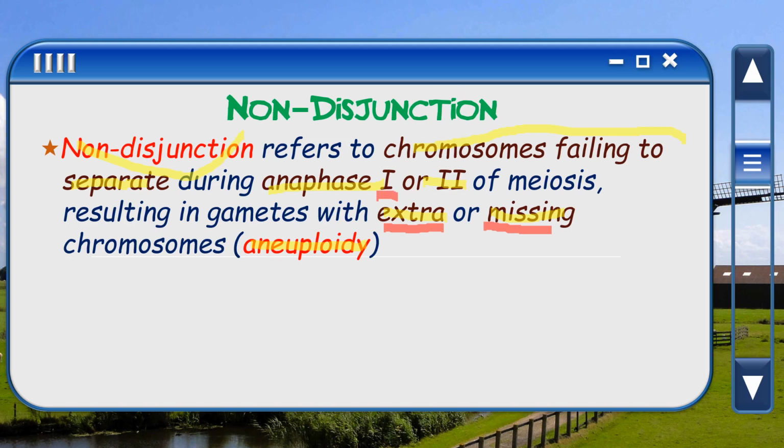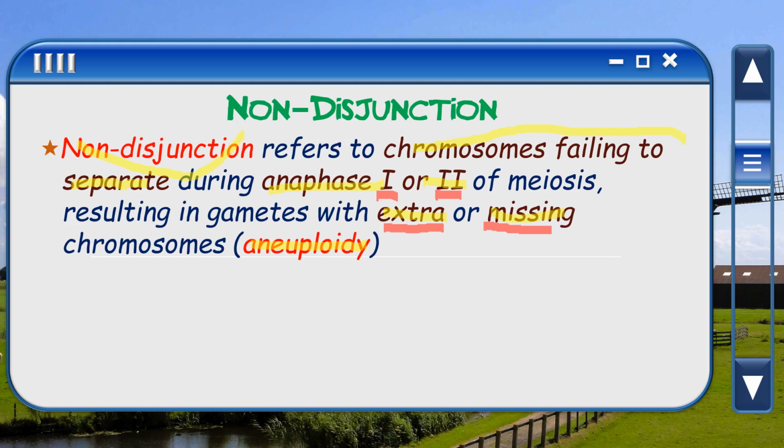But when it comes to anaphase 2, when we are separating the sister chromatids, they are the ones that are separating, and each sister chromatid goes to its own pole.